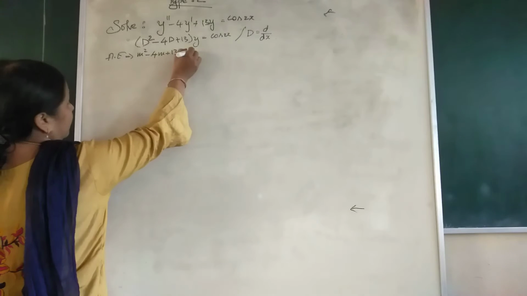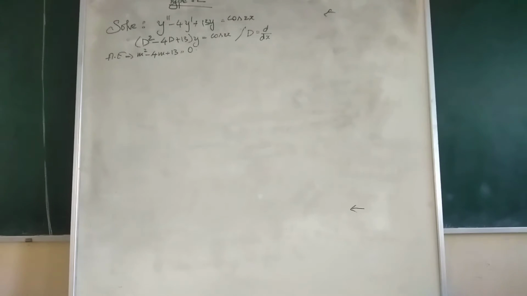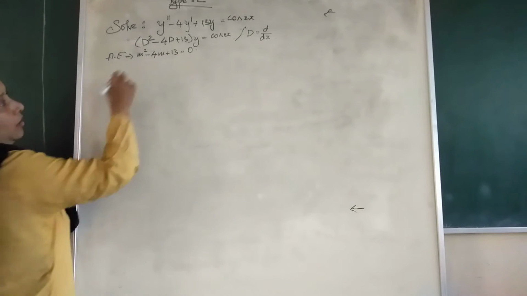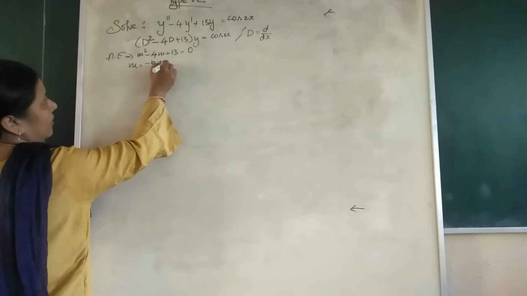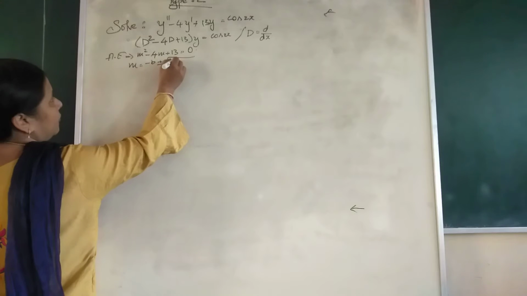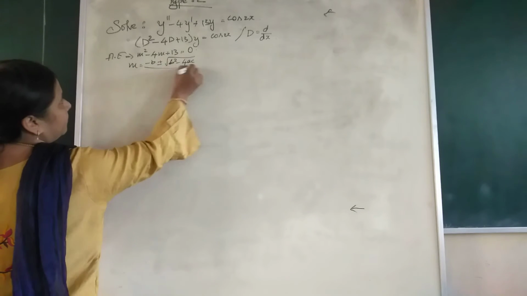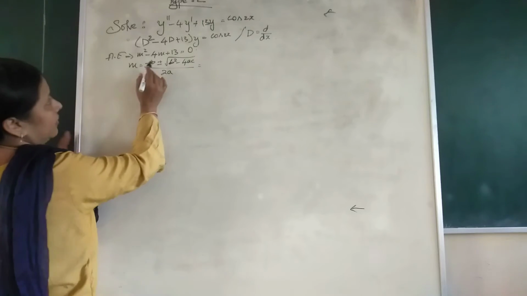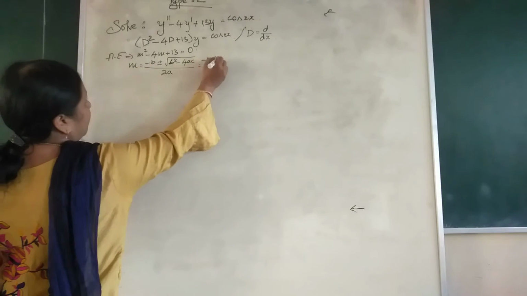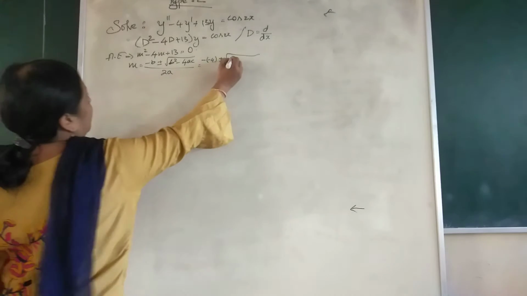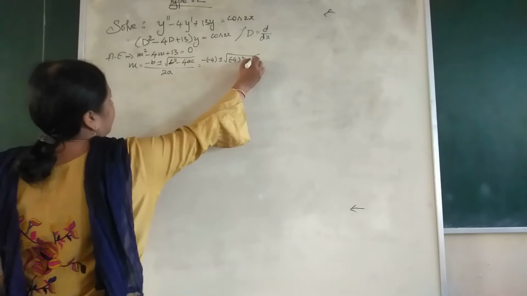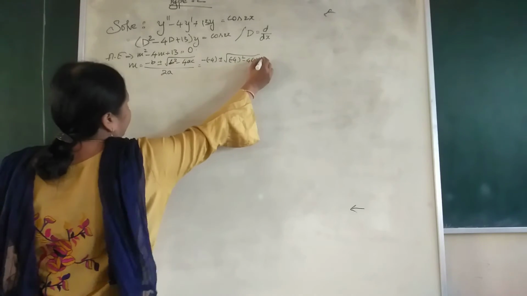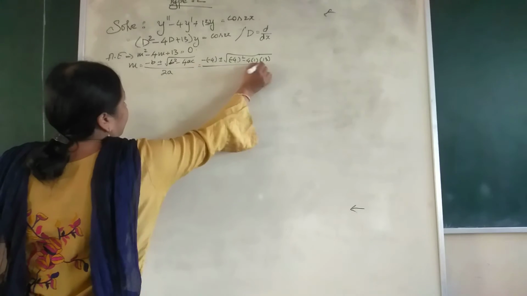So solving this quadratic equation, let us apply the formula. We may not get factors for 13 to get minus 4. So applying the quadratic formula, we get m is equal to minus b plus minus under root of b square minus 4ac by 2a. Substituting the values here, minus b, which is minus of minus 4, plus minus under root of minus 4 the whole square minus 4 into a, the coefficient of m square, which is 1, and c is the constant 13, the whole divided by 2a.